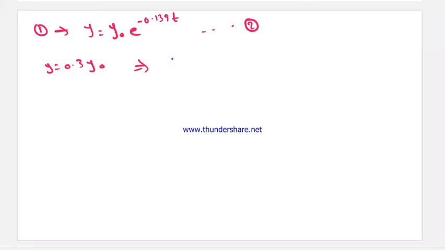We have 0.3 Y naught is equal to Y naught exponential minus 0.139t.